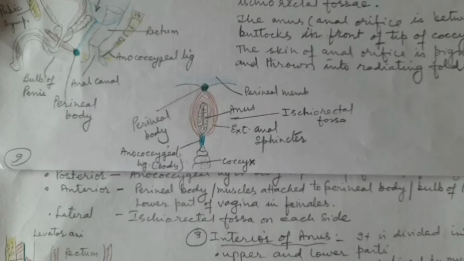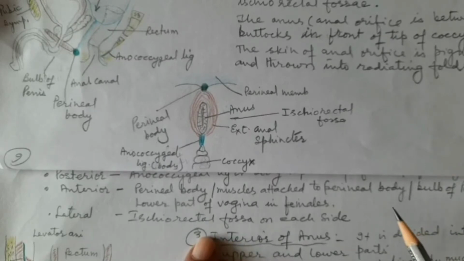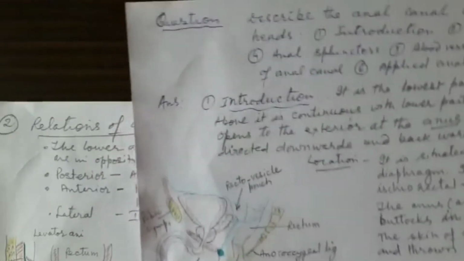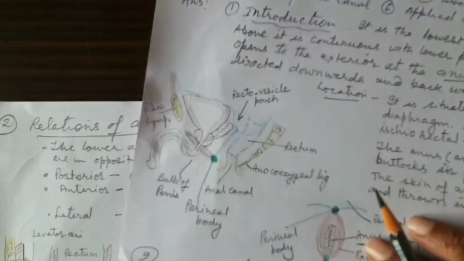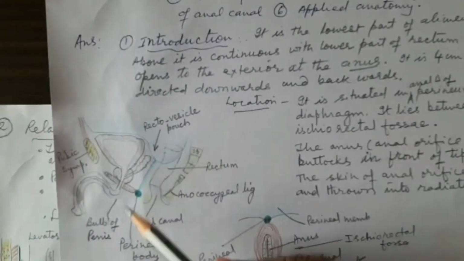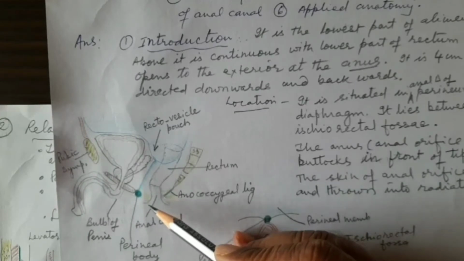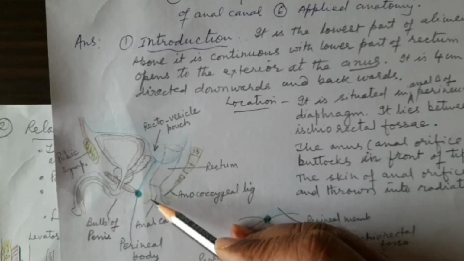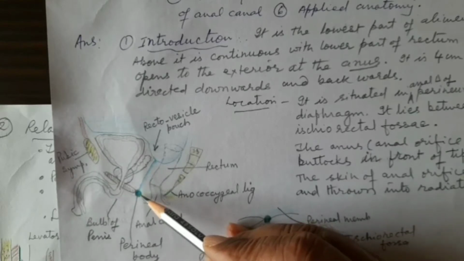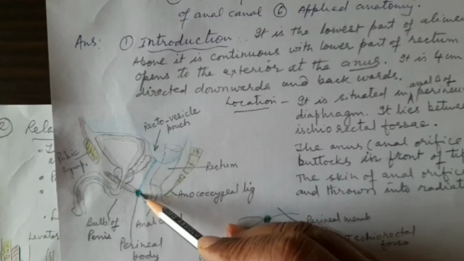Still anteriorly, it is related to the bulb of the penis. What does that mean? If you go here in this diagram, you can see that this is anterior. This is the anal part, the anus, the opening. The anal canal is anteriorly in relation to the perineal body.